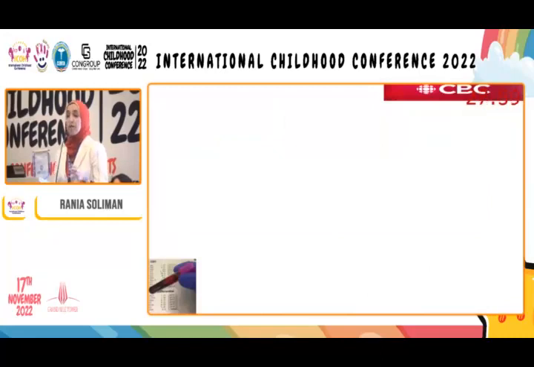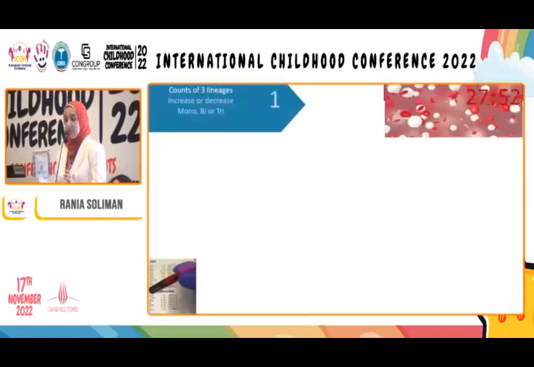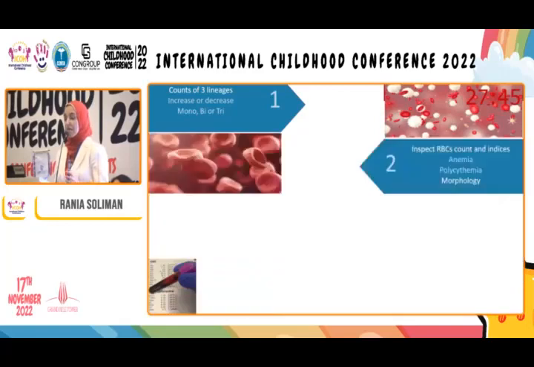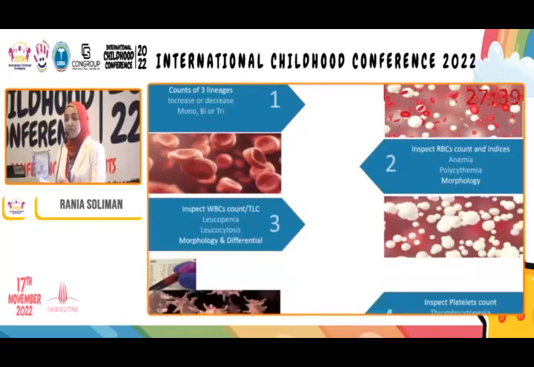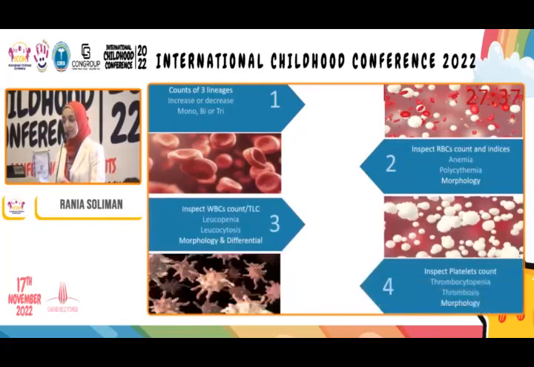So let's put together a very simple algorithm for how to go through the CBC. Number one, you need to look at the counts of the three lineages, the RBCs, the white blood cells, the platelets all together. Then we will look at every single lineage on its own: RBCs, then white blood cells, then the platelets.